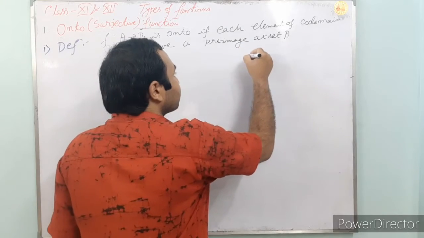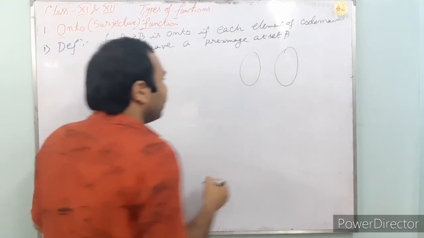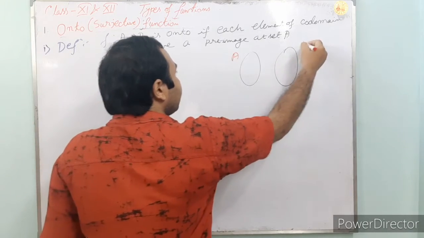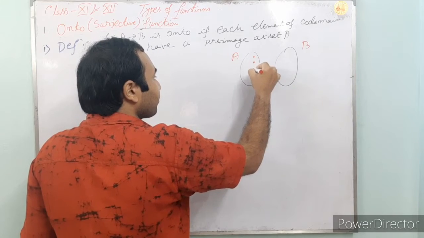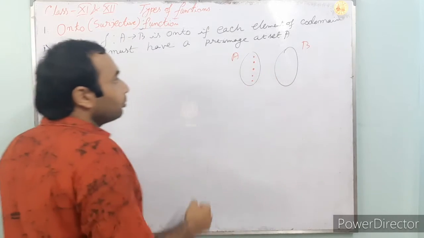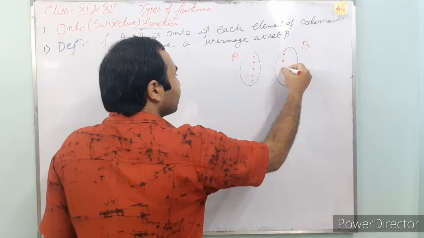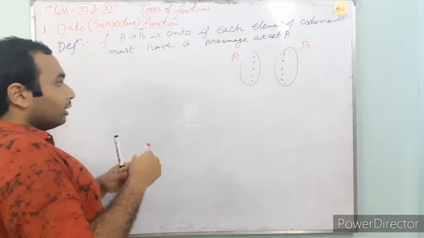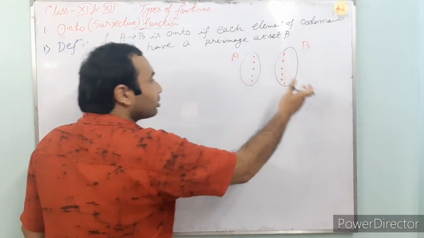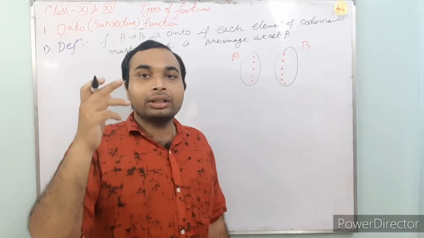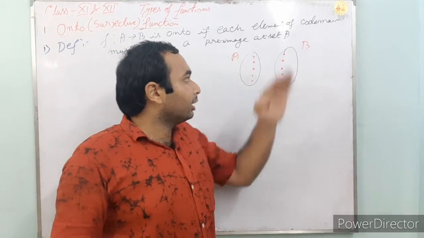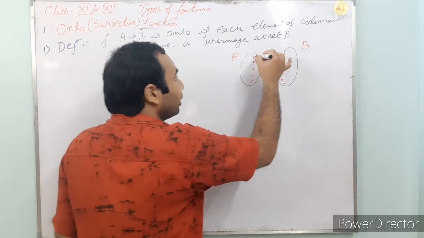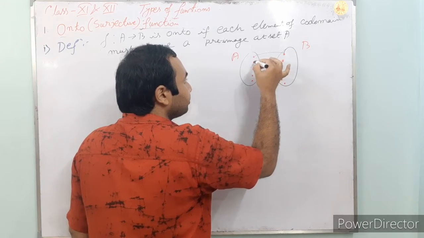How will we show this? See the arrow diagram here. This is the set A, this is the set B. Those are the elements of set A and those are the elements of set B, and all the elements of set B will be occupied by the elements of set A. No element of set B will be left.